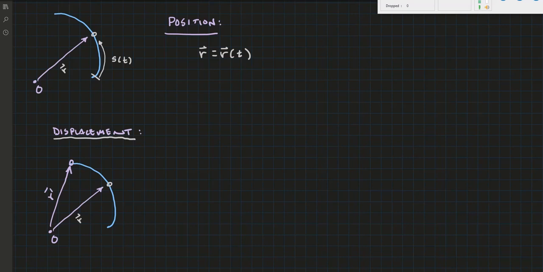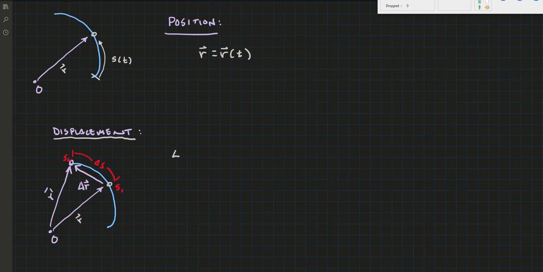Then we have a delta r between these points. And we can relate that delta r to this delta s, which is the change essentially of our arc length as we move from, say, an s1 to an s2.